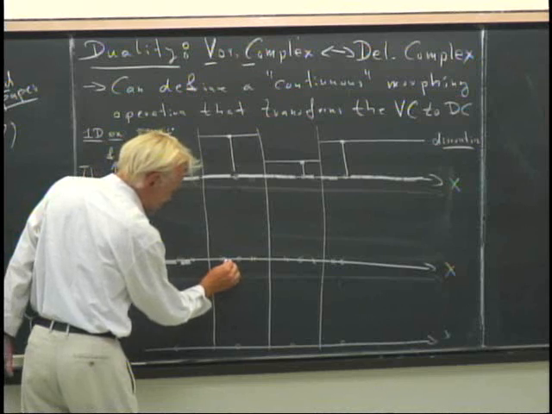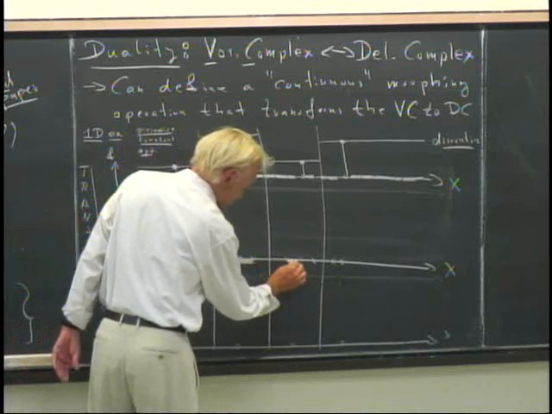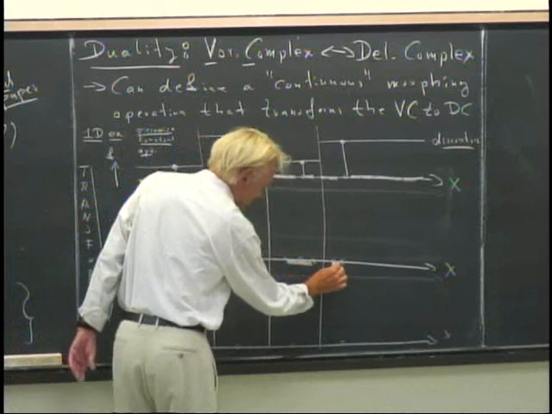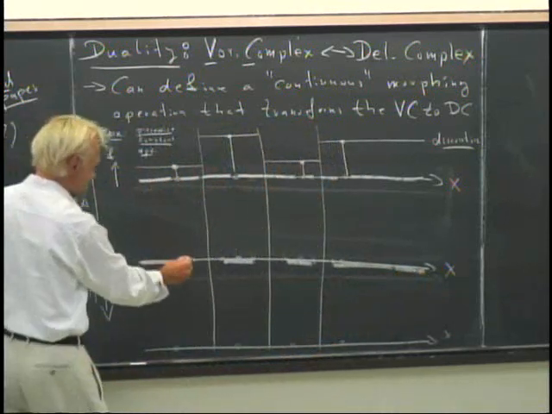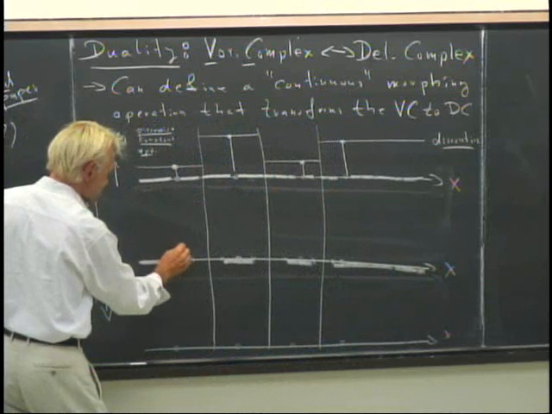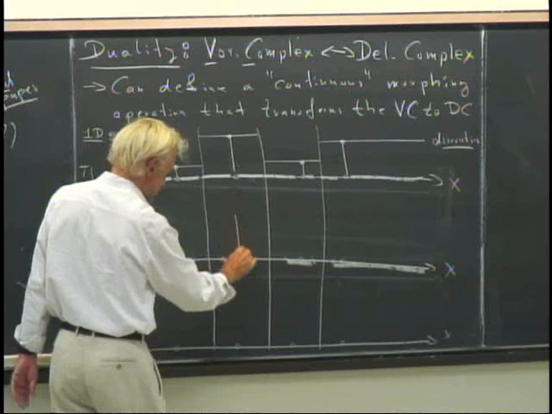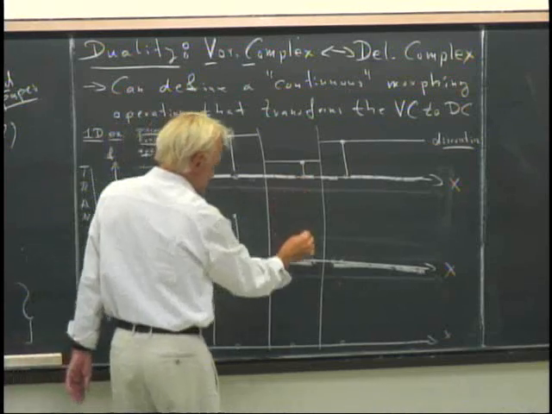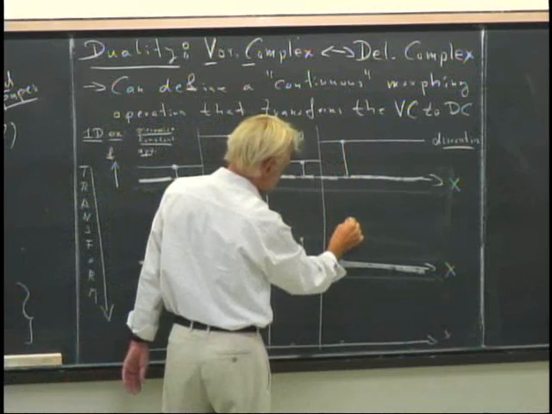This one just begins here, goes like there, goes there, and here the tile is here, and this tile is like that. Okay, I still have the function values over the original sites, namely this guy and this guy. This value and this value.